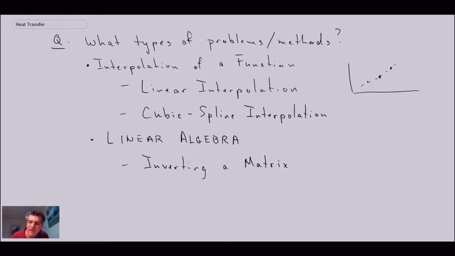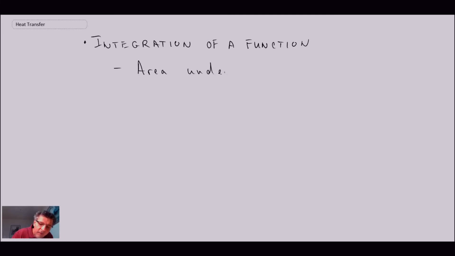Other things you might be doing in a course in numerical methods, and another topic is integration of a function. And example applications might be something like area under a curve or volume of a shape. And when you're doing these, you might use techniques like the trapezoid method or Simpson's method.